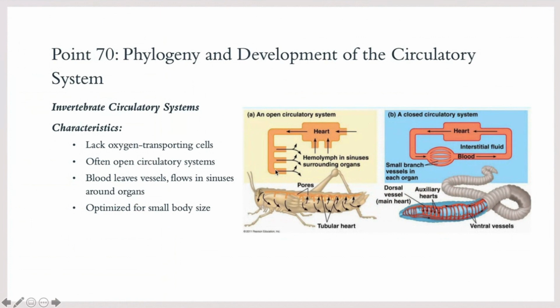They usually have an open circulatory system, and usually their blood is actually able to leave their vessels, their veins and arteries, and then goes through sinuses around the organs. Sinuses are basically gaps or spaces in between the organs, okay? And this is good for the small body size that invertebrates have, for example insects. They need this.